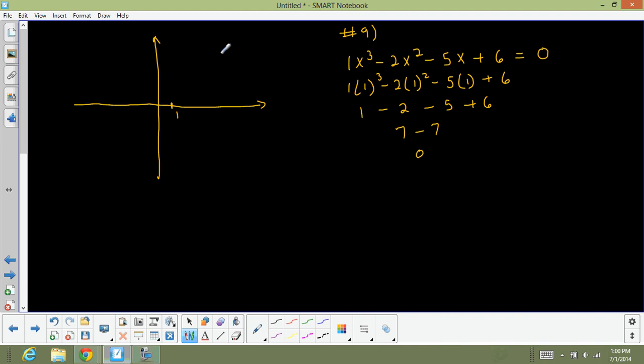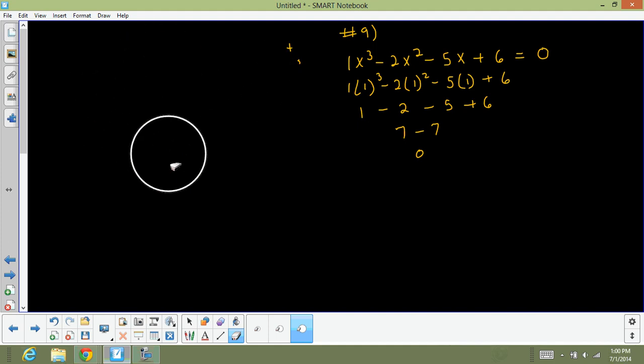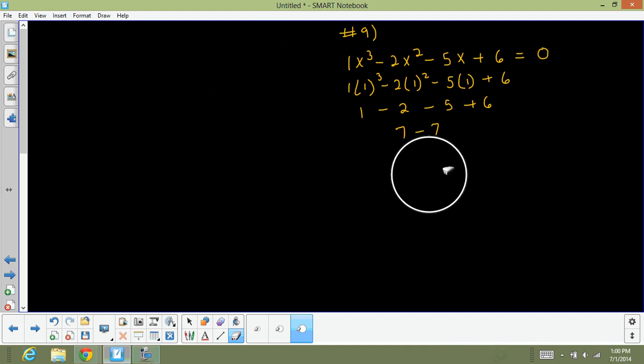Well, if x equals 1 is a root, if x equals 1 is a 0, then x minus 1, right? Bring the 1 to the other side of the equation here. X minus 1 would have to be a factor. So, long story short, what I've done is to discover a factor of the expression that I have.